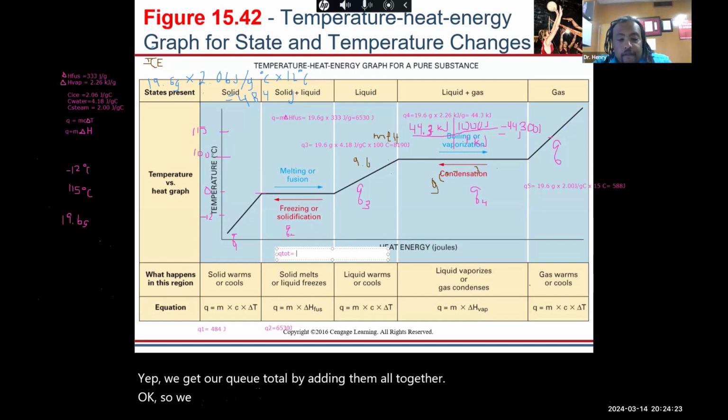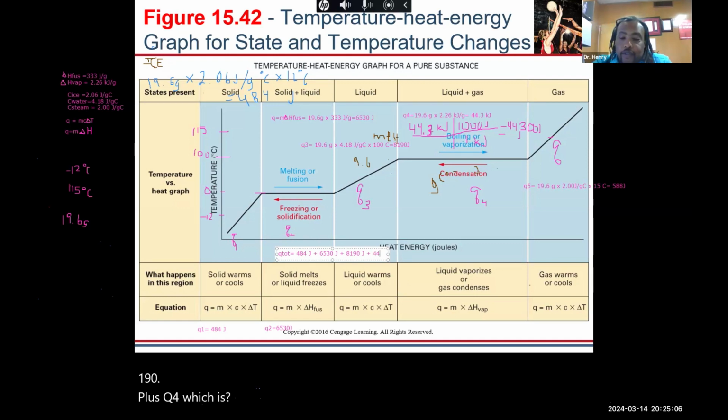So we have 484, plus Q2, which is 6,530, plus Q3, which is 8,190, plus Q4, which is 44,300, plus Q5, which is 588.